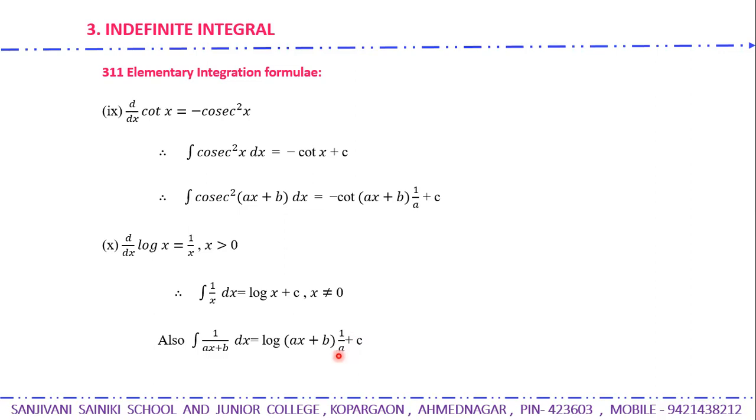Now, whenever you are using this formula, whenever there is a log, always write it in modulus, because log is defined only for positive numbers and not for negative numbers. So everywhere, whenever you are using this formula, you will write log of modulus of ax plus b.